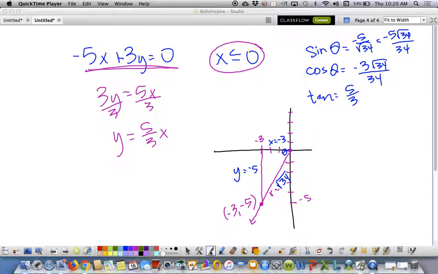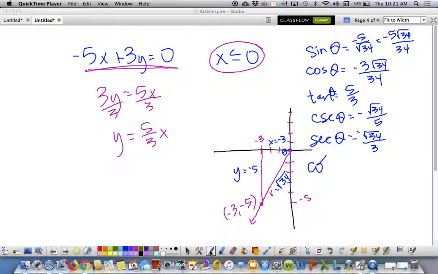Is it a surprise that tangent is positive and the others are negative? No, because it's in the third quadrant. You were already expecting that. Cosecant theta is square root of 34 over negative 5. Secant theta is square root of 34 over negative 3.